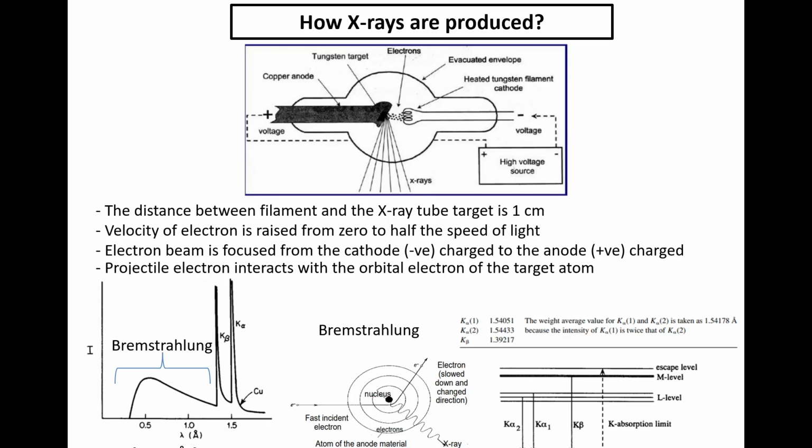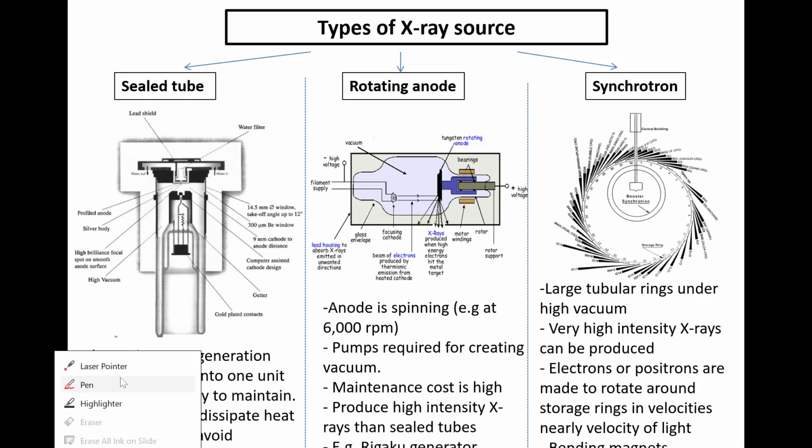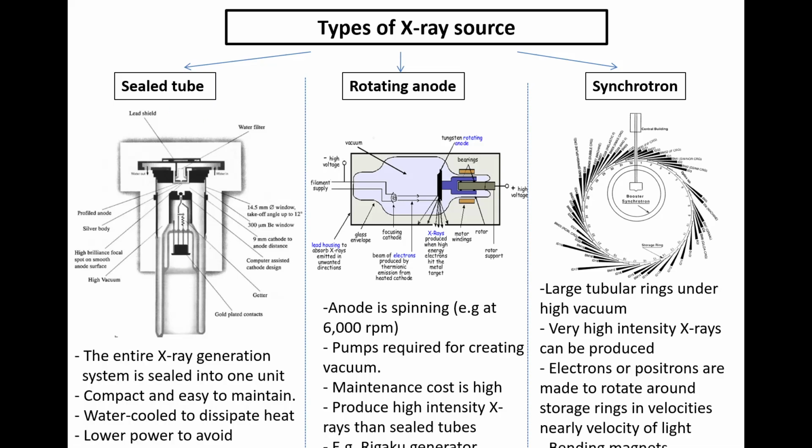So this is the X-ray source, the primitive X-ray source, the concept of how X-rays are produced. But there are majorly three different X-ray sources. This logic is mostly used in the primitive sealed tube. These sealed tubes are not normally used today, because sealed tubes have a lot of disadvantages, right?